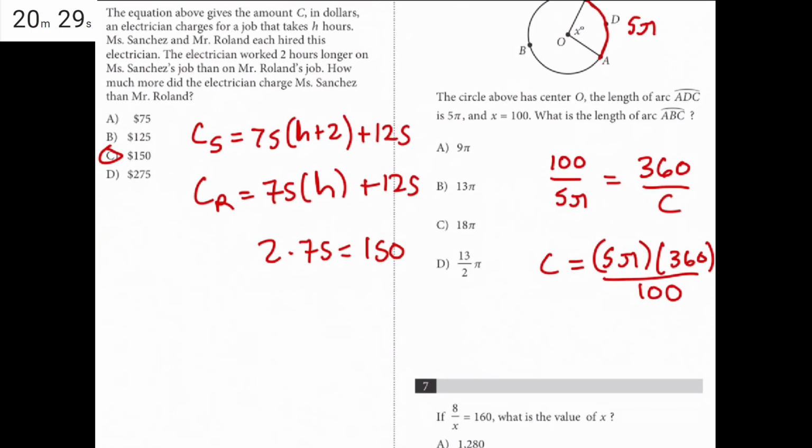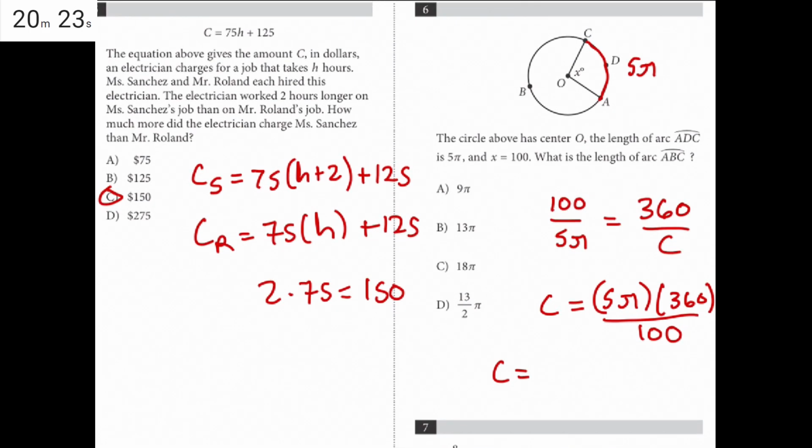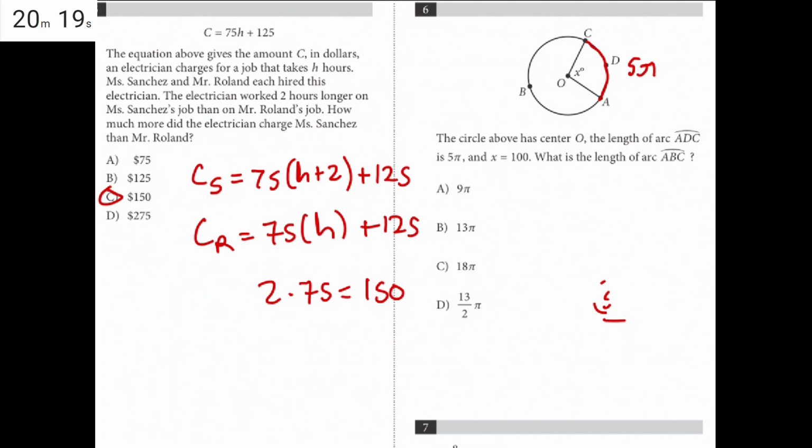Okay, and then the circumference is equal to... Wait, no, I'm doing this all wrong. So we're looking for length ABC. Oof, that was a horrible circle. That's still horrible. ABC.